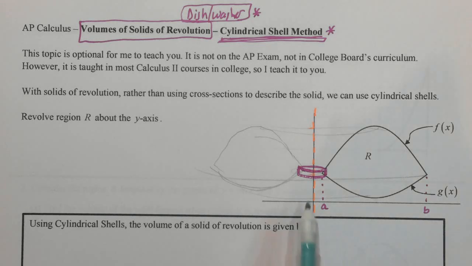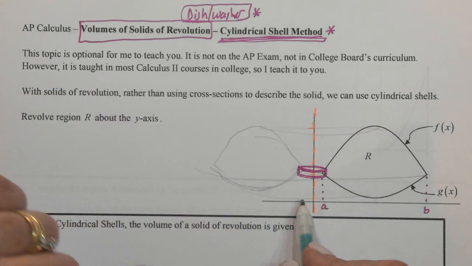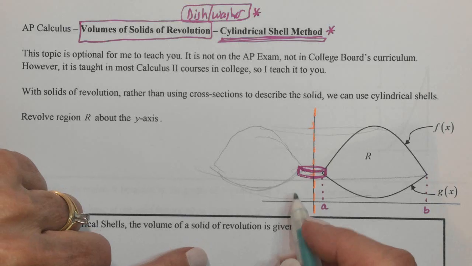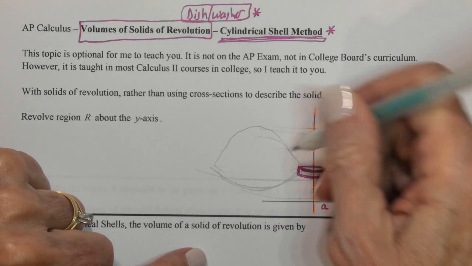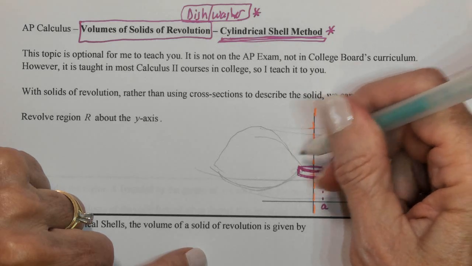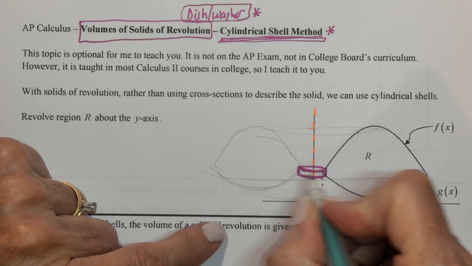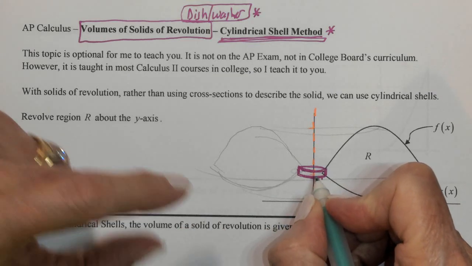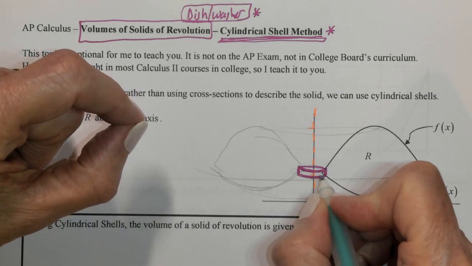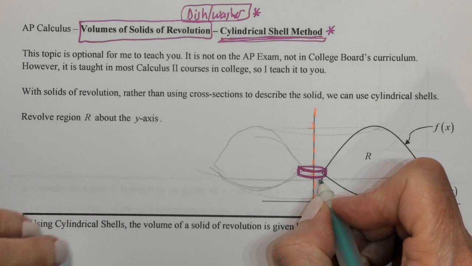Well, that one shell has a volume of the outside area, well, not area, it's the circumference of that circle, which is 2 pi r times the height.